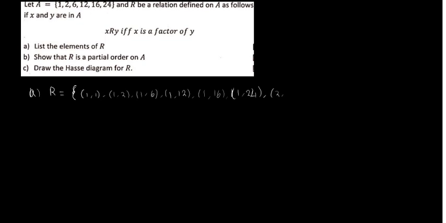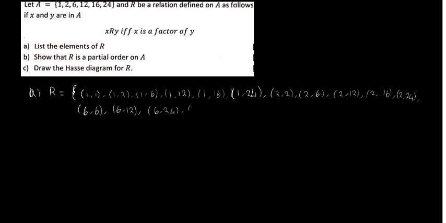2 being a factor of itself, then 2 comma 6, 2 comma 12, 2 comma 16, 2 comma 24. Then we're going to have 6 comma 6, 6 comma 12, and 6 comma 24.